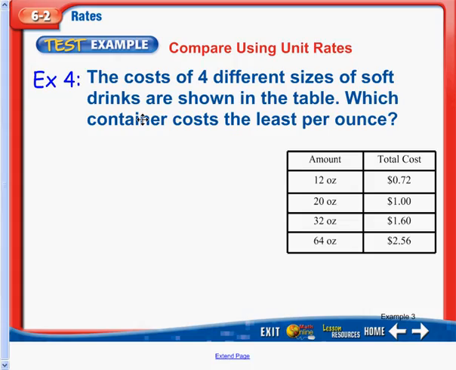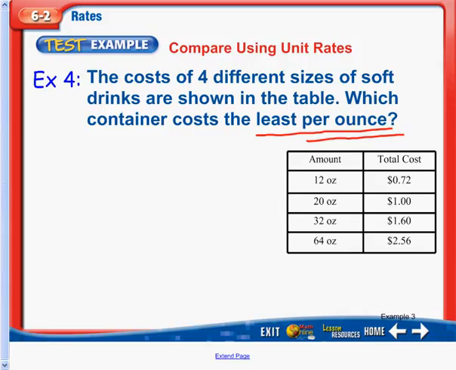Example 4 is the costs of 4 different sizes of soft drinks are shown in the table. Which container costs the least per ounce? So in this situation, again, we are looking at least cost per ounce. And so even double underline per ounce, knowing that we're looking for the unit rate where ounces is on the bottom again.